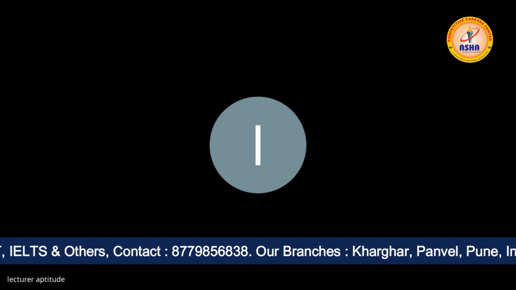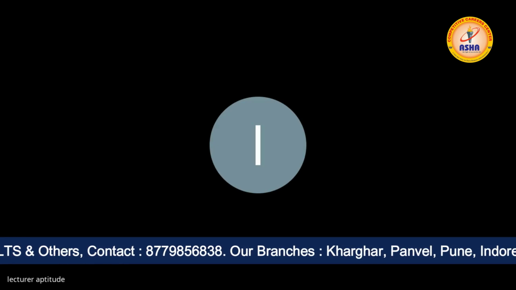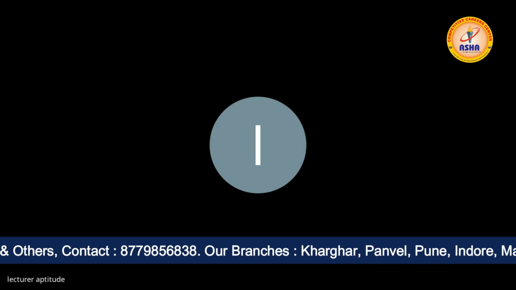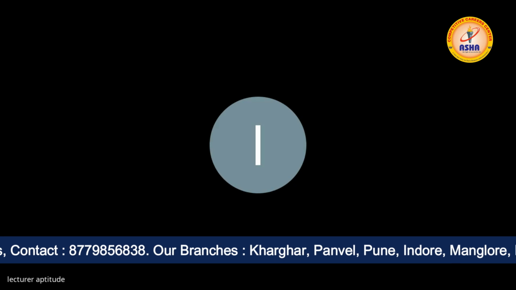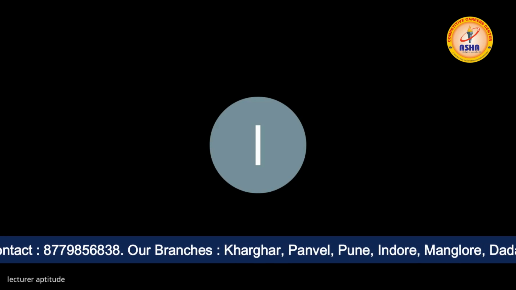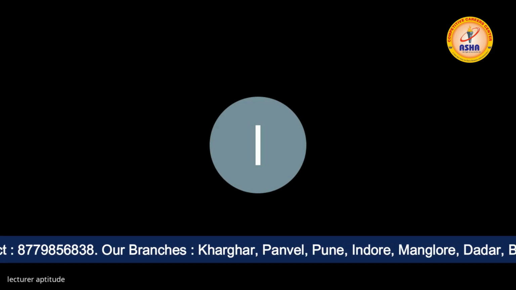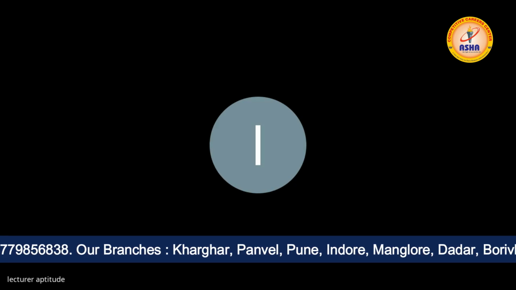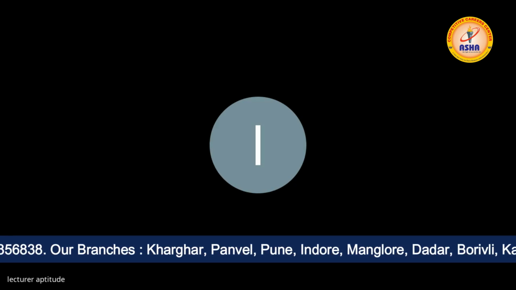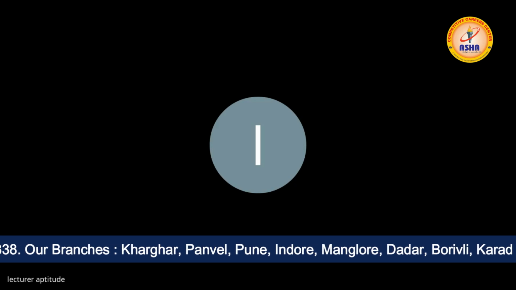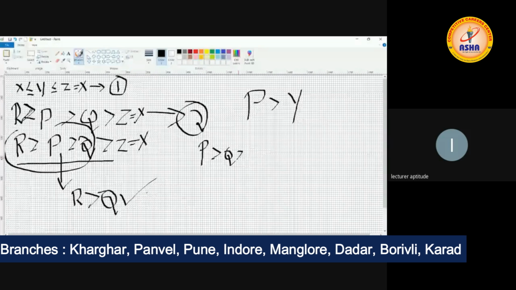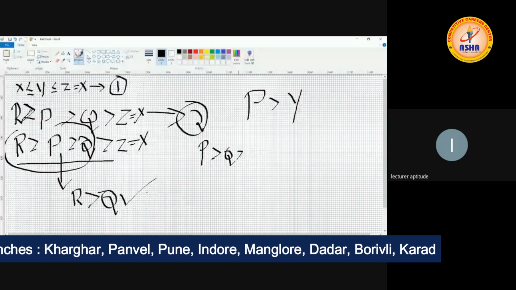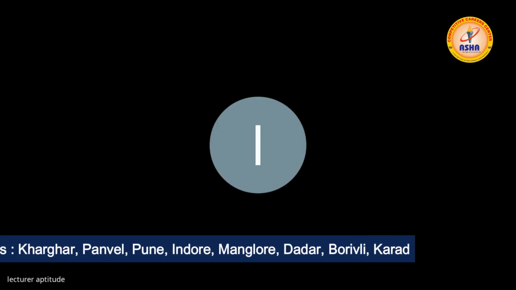What about P is greater than Y? Is it true or false? Here it is given, P is greater than Q is greater than Z equal to X. So what about the relation between Z and X and Y?